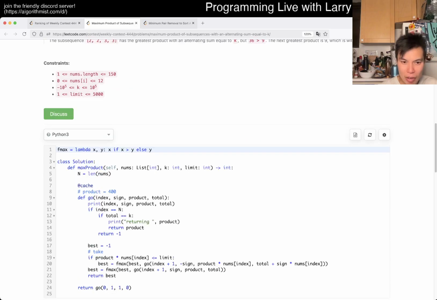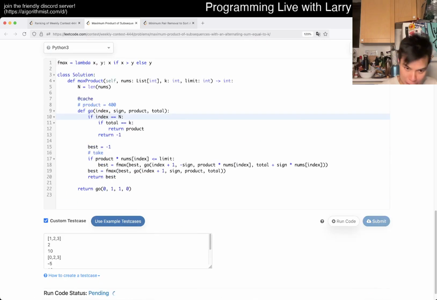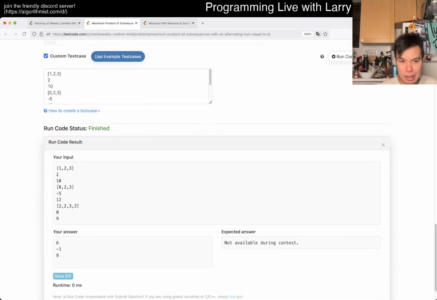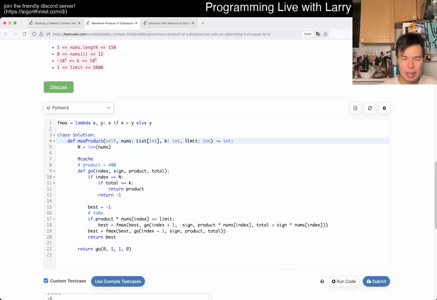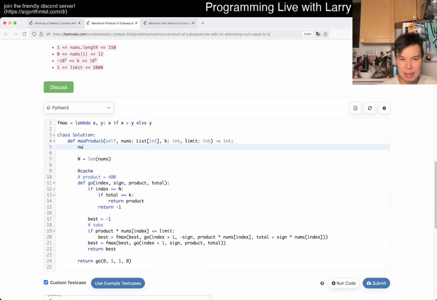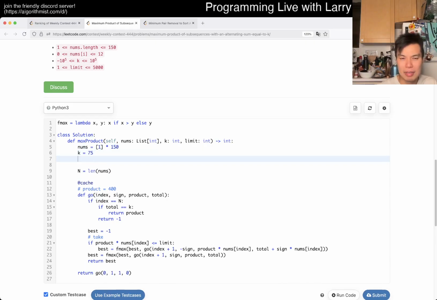Okay. Honestly, I don't know that this is fast enough, other than me making that silly mistake. But I guess we should construct a case, right? So we want nums equal to, I don't know, 1 times 5,000 maybe, or 150. K is equal to 150 maybe. No, it can't be that big. So 75. No, it will always be 0 actually.